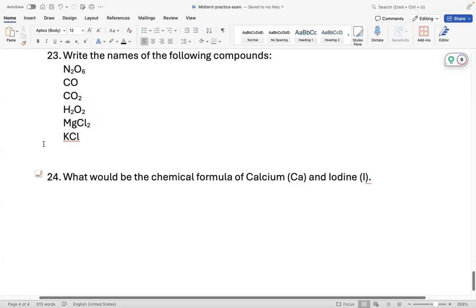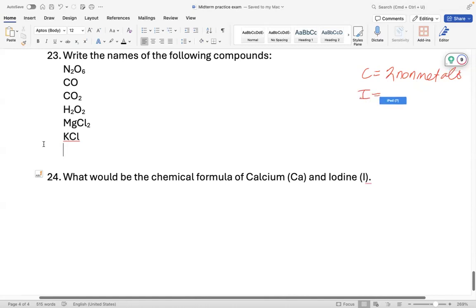So the first thing with naming a compound, remember there's 2 different naming conventions, and it depends on if a compound is covalent or ionic. So we need to figure out if it's covalent or ionic before we even try to name it, because that determines what naming rules we're going to use. Just a refresher, covalent is 2 nonmetals, and those are 2 elements on the right side of the periodic table, to the right of that stair step.